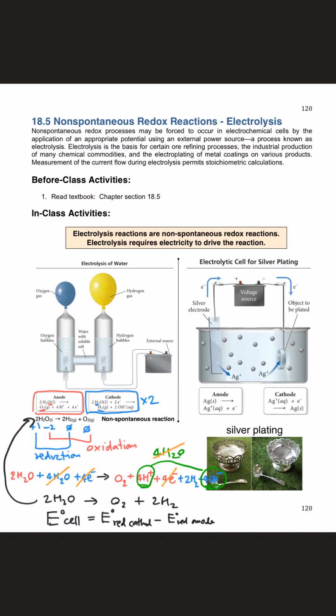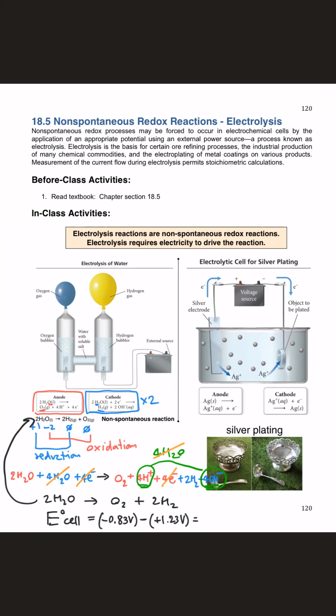If you look up the value, the standard reduction potential for the cathode, water becoming hydrogen, is equal to -0.83 volt. And the standard reduction potential for the anode, which belongs to this one right here, is positive 1.23.